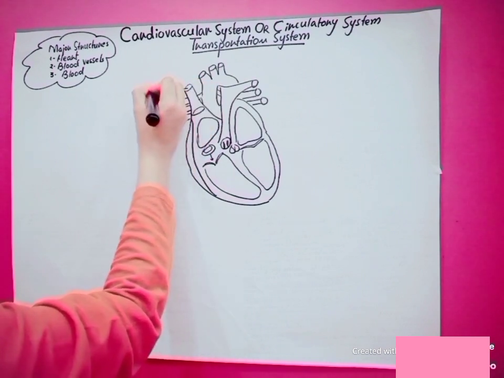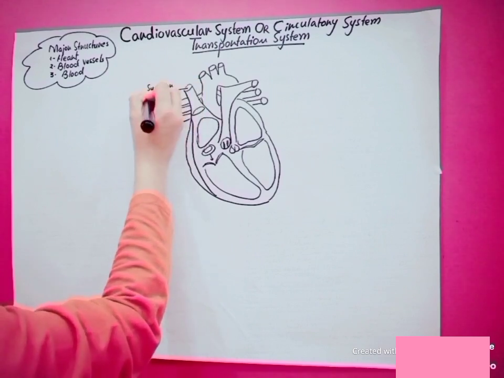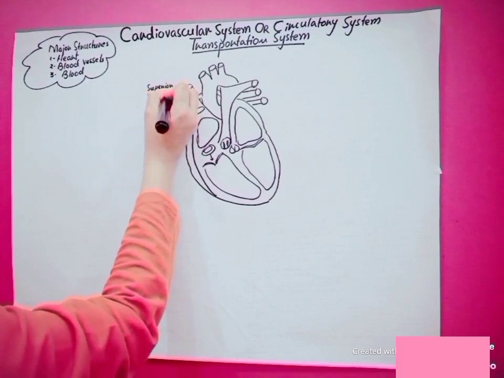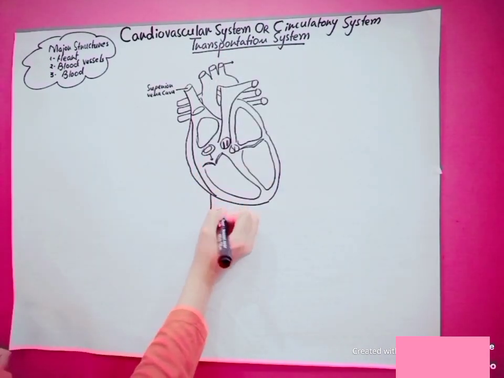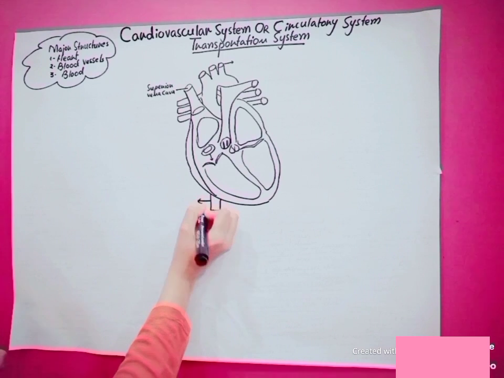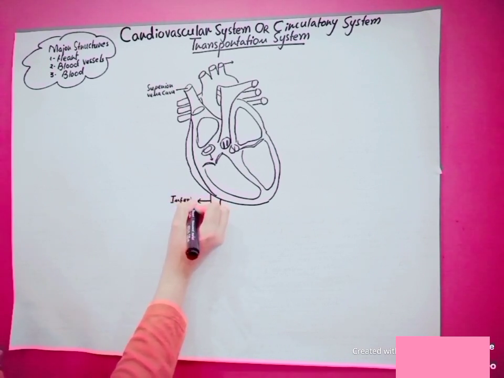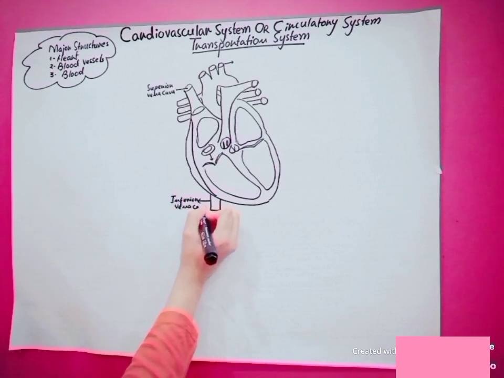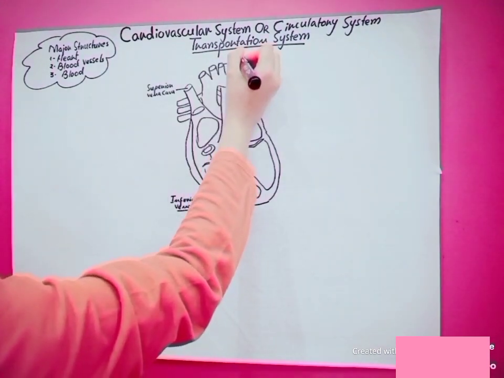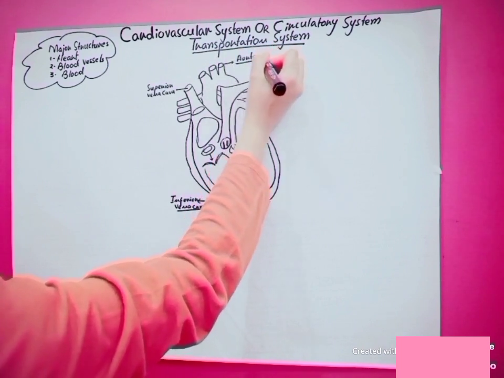This is superior vena cava, and this is inferior vena cava. This is aorta, largest artery.